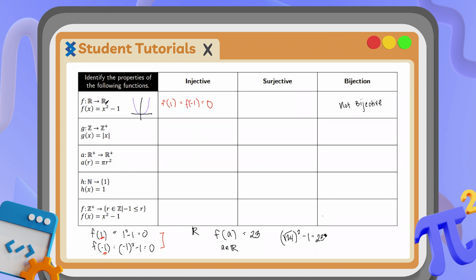So let's try something else to determine whether this function is onto or not. We have, let's say, negative 5. Can you find a value that would generate negative 5 given that your input belongs to the domain all real numbers?